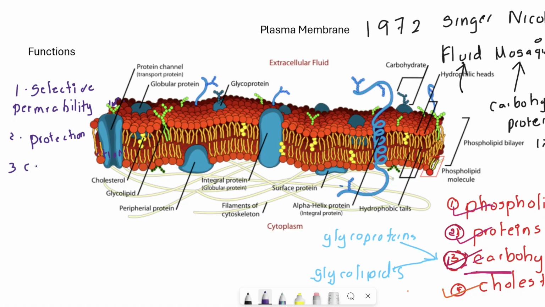Third role is cell communication. It contains receptors that receive signals from other cells or the environment. The next role is support and structure.